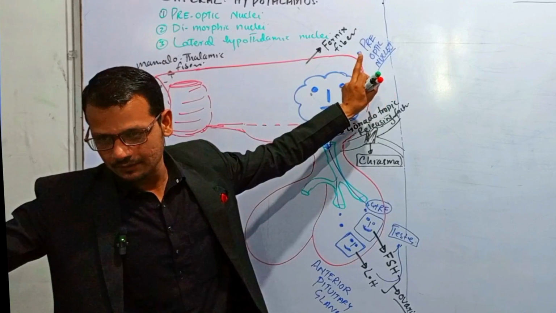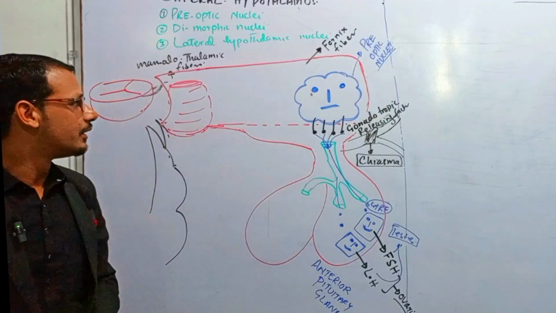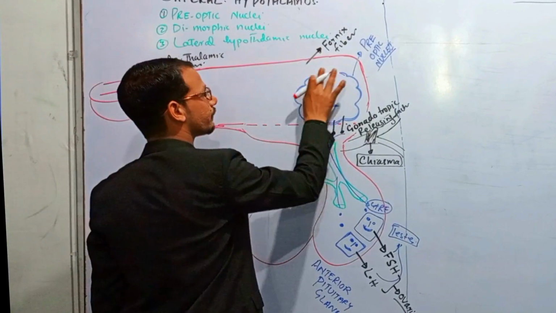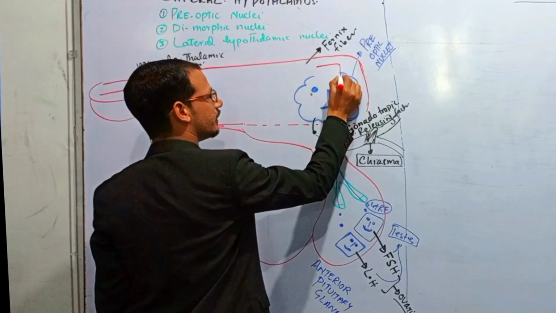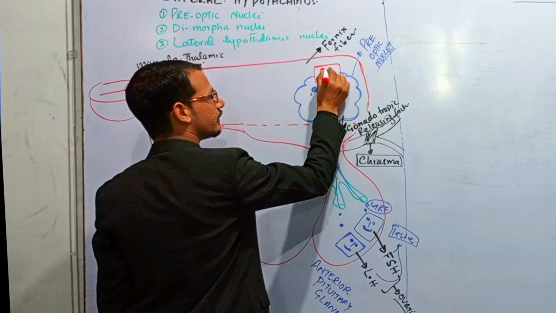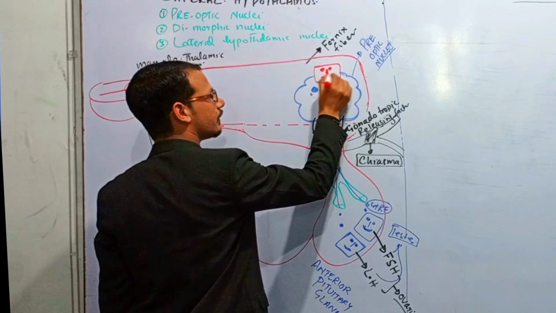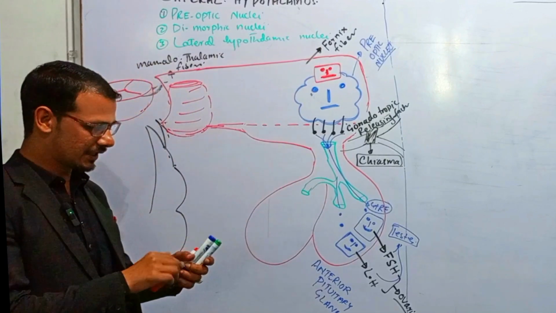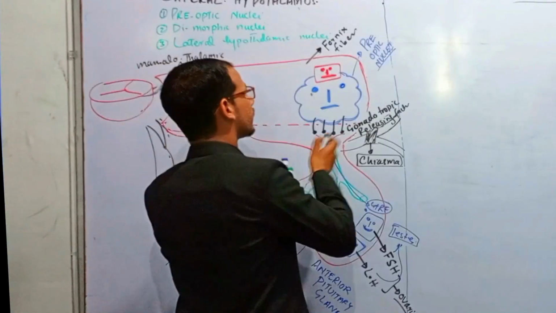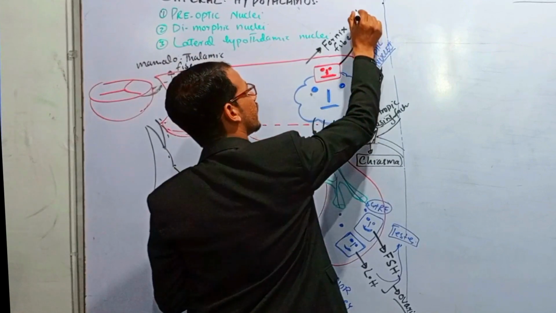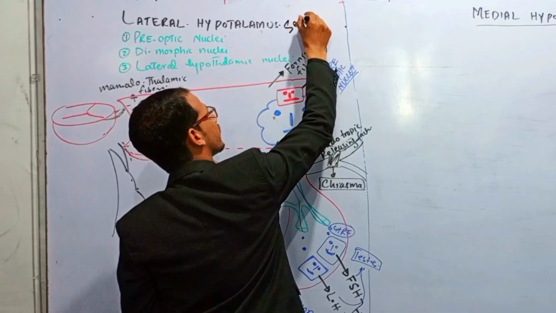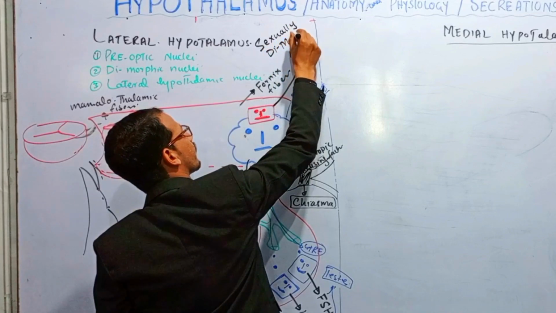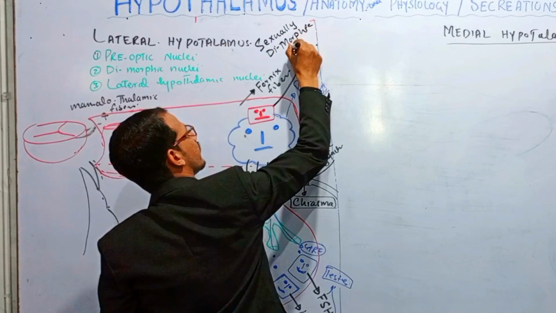Any confusion? No. Now another nuclei is present here. This is a very crazy nuclei, right, and this nuclei is called the sexually dimorphic nuclei.